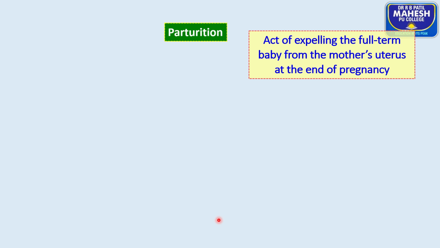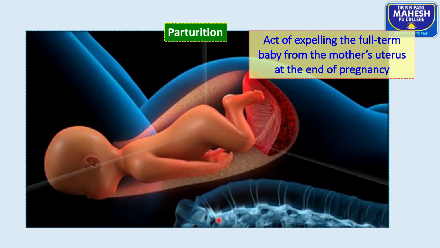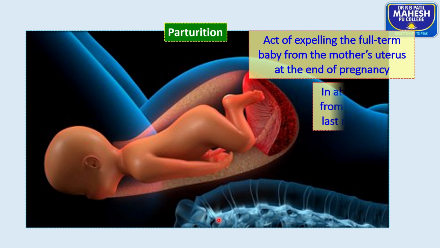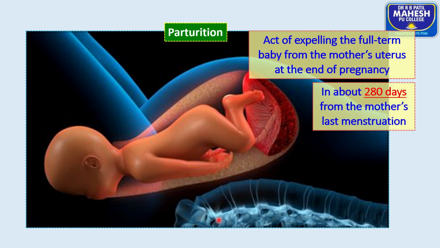You remember one thing: after the gestation period or pregnancy period, signals originate from the fully developed fetus and placenta that induce mild contraction of uterine muscles. And that process we call the fetal ejection reflex.